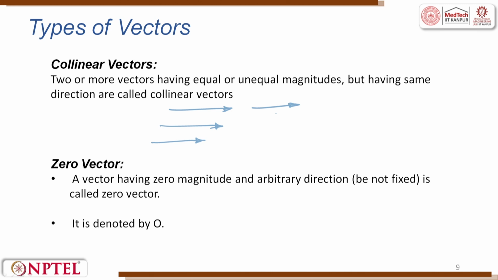If you can see a ball moving, another ball moving, something like that. A zero vector is a vector having magnitude 0 and arbitrary direction, but not fixed. Later in the course, we will see where we use this zero vector.